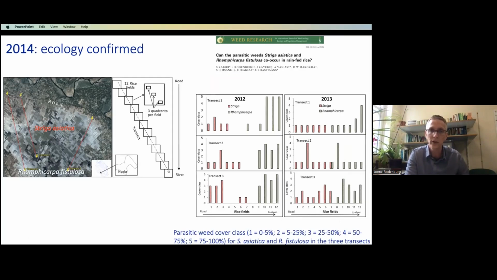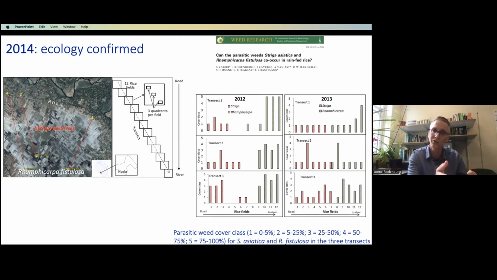So we did these transects for 2 years, and the red bars indicate where we found Striga, and also how important they are in terms of percent cover classes, seen below this graph. And the gray-greenish bars represent the Rhamphicarpa.